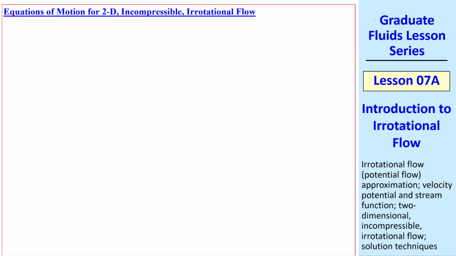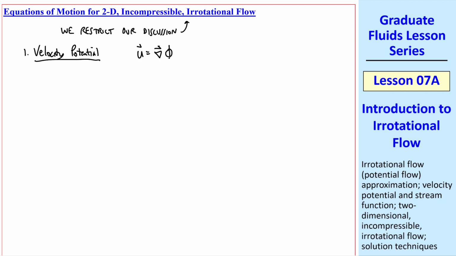Now let's talk about the equations of motion for 2D incompressible irrotational flow. We'll restrict our discussion and analysis to this simplified flow. Let's look at the velocity potential. We just said that if the flow is irrotational, U is del phi, and for two-dimensional flow, the components are u equal del phi del x and v equal del phi del y. This condition comes from irrotationality.